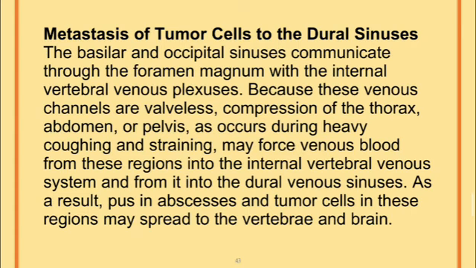These venous channels are valveless, so compression of the thorax, abdomen, or pelvis that occurs during heavy coughing and straining may force venous blood from these regions into the internal vertebral venous system, and from there the blood goes to the dural venous sinuses. So you now have pus, abscesses, and tumor cells from the thoracic region, the abdomen, and pelvis spreading to the vertebrae and brain.